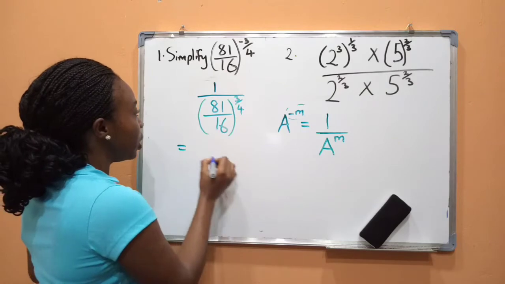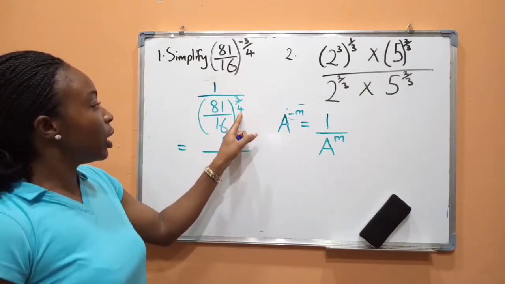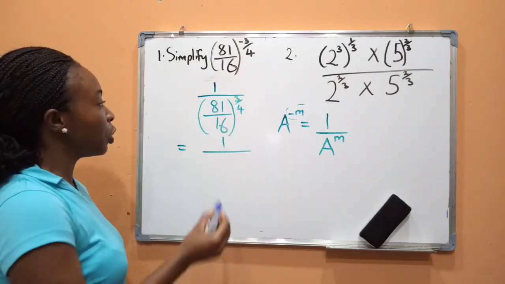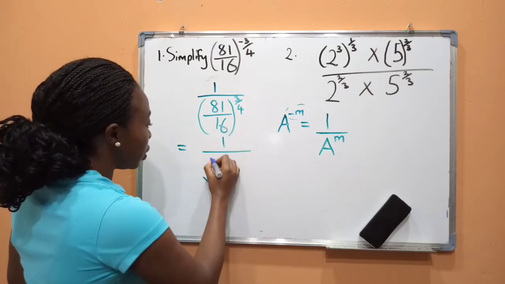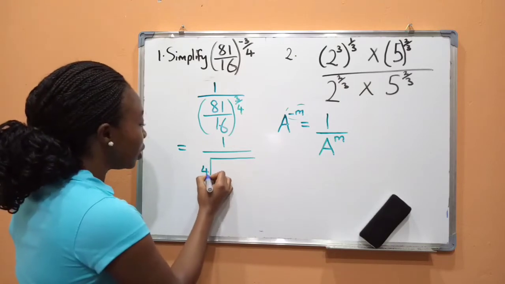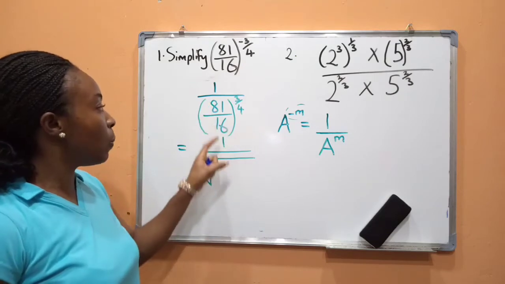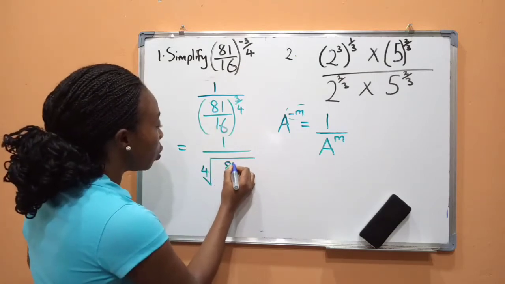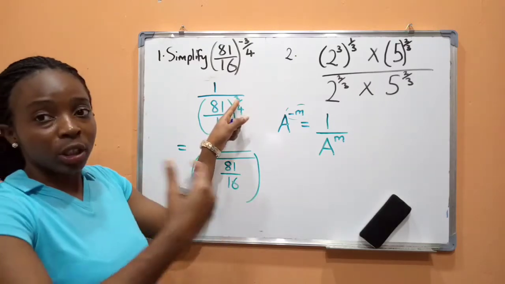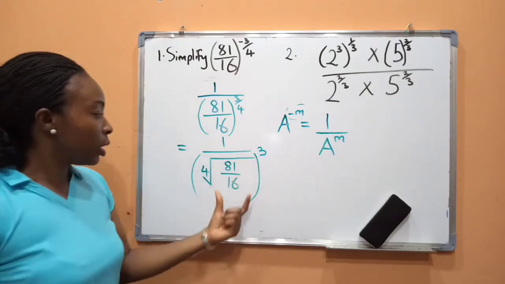Then we are going to have 1 over, now whenever you have a fractional power or exponent, you introduce the root sign, and the denominator determines what root we find. In this case, we are going to find the fourth root of 81 over 16, while the numerator is the exponent of the power. So we write it here, we have 3.